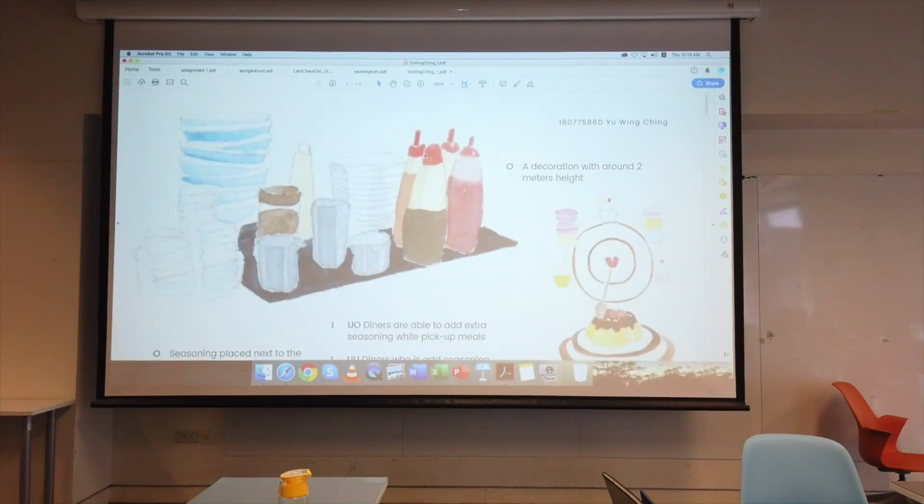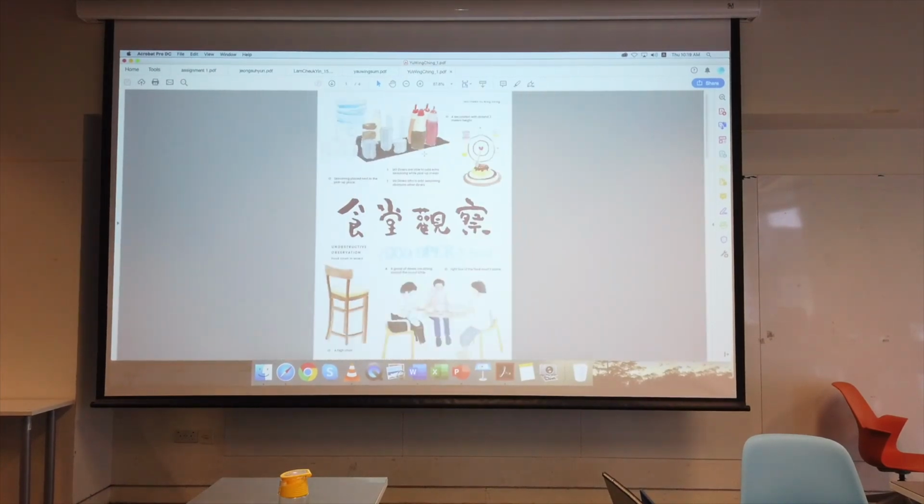So this one, I really like the illustration style. Some of you are really keen on doing illustration. That is fine, perfect. But again, same as the photography example, this assignment is not an illustration assignment.